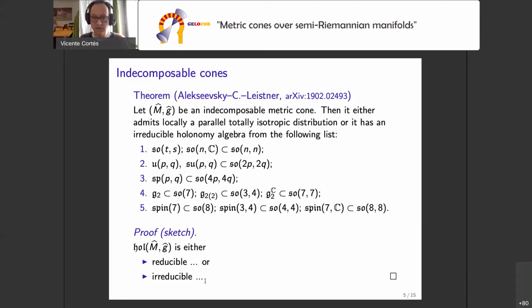He didn't classify the indecomposable ones. This is a more difficult problem, but he classified all the irreducible ones. And so we can use his list. But it turns out that this list here is shorter than the Berger list.